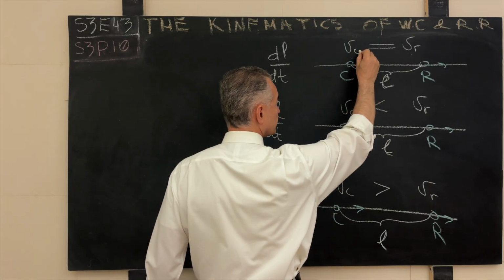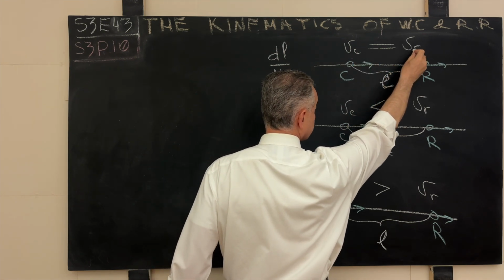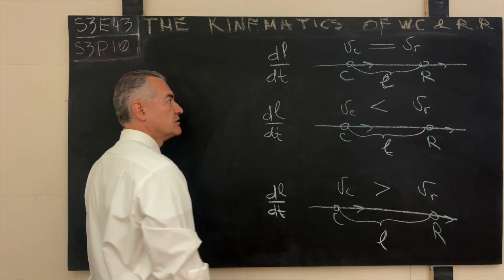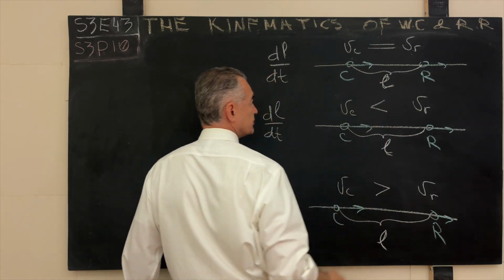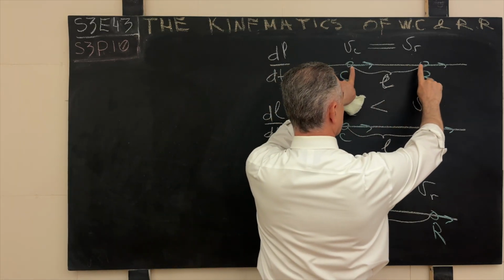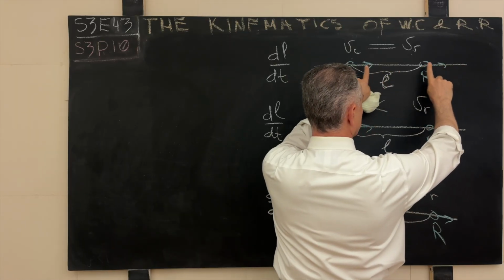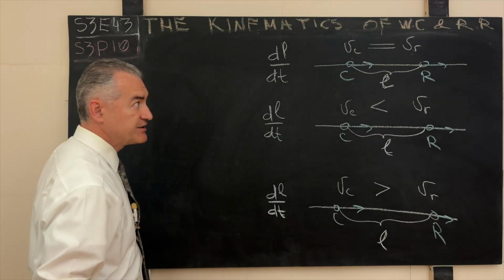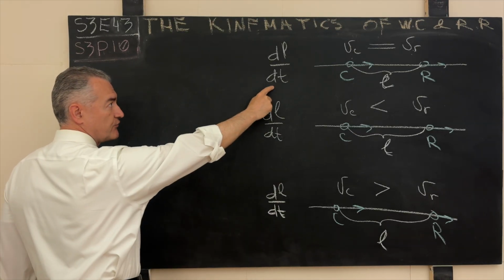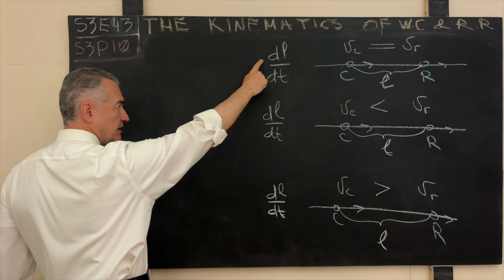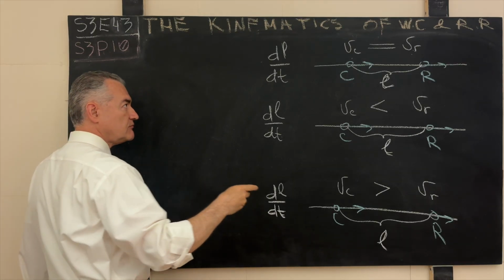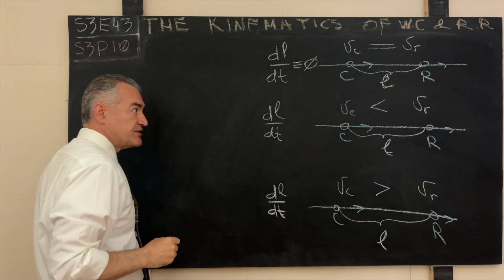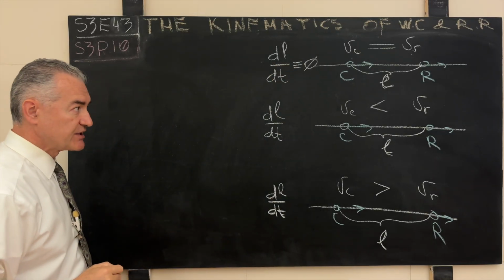In the first case, when the velocity of the chaser is exactly the same as the velocity of the runner, what happens to the linear distance between these 2 points? These 2 points run at the same rate along the straight line. What happens to the distance? Well, the distance does not change. What can you say about the first time derivative, dl over dt? This derivative is identically 0. This quantity does not change.